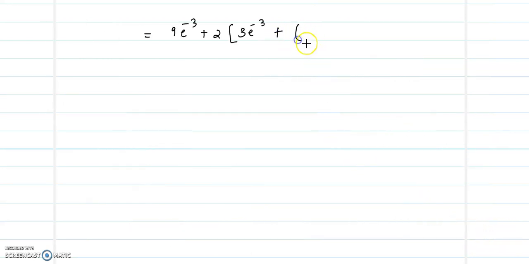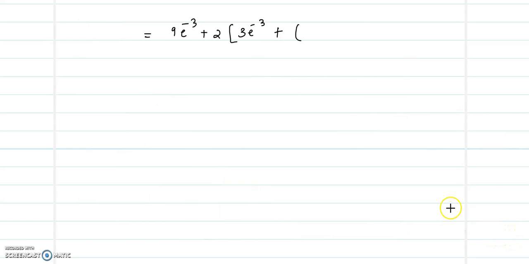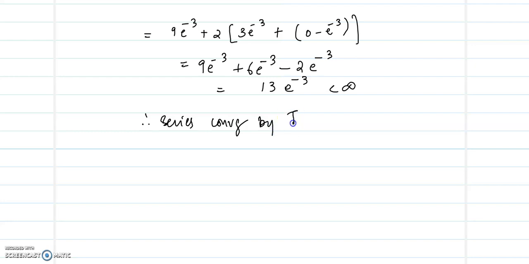So plus, again applying the limit, e power minus infinity will be 0, so 0 minus e raised to minus 3 will come. So that will be 9 e power minus 3 plus 6 e power minus 3 minus 2 e power minus 3. So that will be 13 e raised to minus 3, which is finite. So therefore the series will converge by integral test.